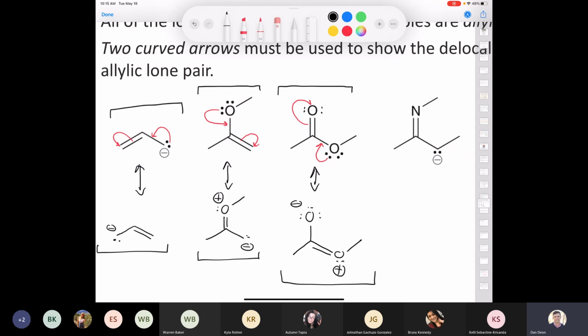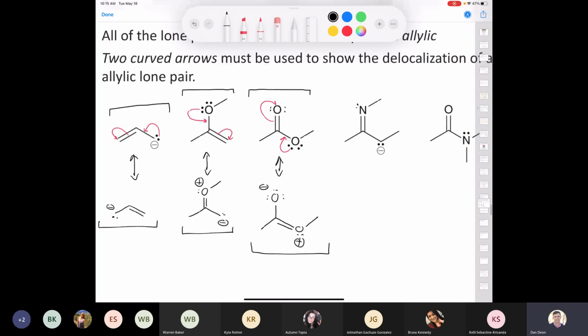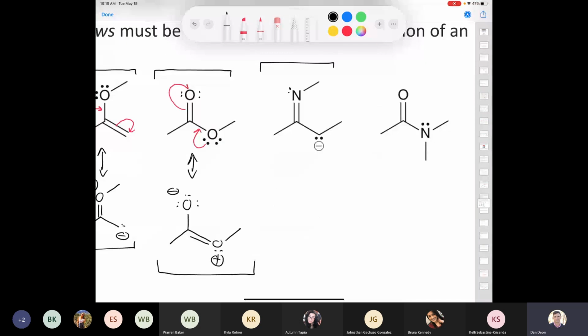Again, they've left out a pair of electrons that should be here. Or no, it's not the last one, sorry. We have a pi bond, right? This is an allylic position. This is an allylic position. This is an allylic position, but only one of them has a lone pair, and it's this one.